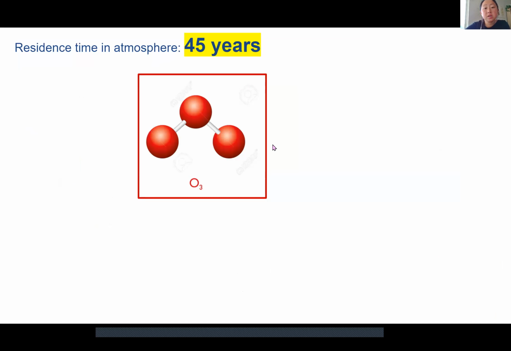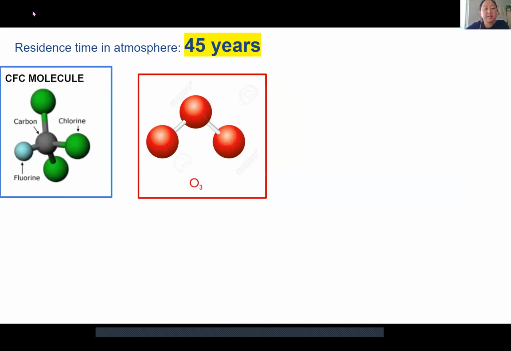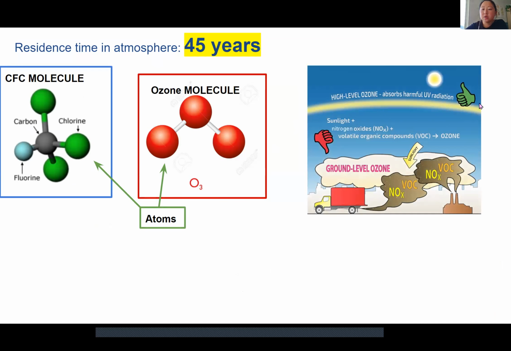And so this is an ozone molecule here, and this is a CFC molecule again. And so we're going to pay attention to these 2 atoms here as I review again how stratospheric ozone depletion happens. So just as a reminder, this stratospheric ozone that's further up in the atmospheric column is the good ozone.